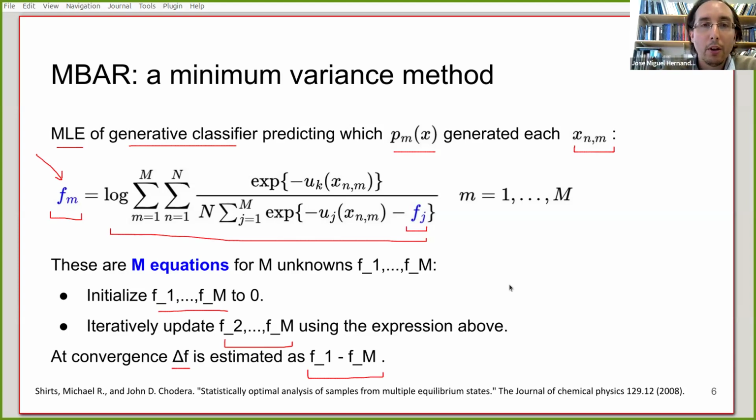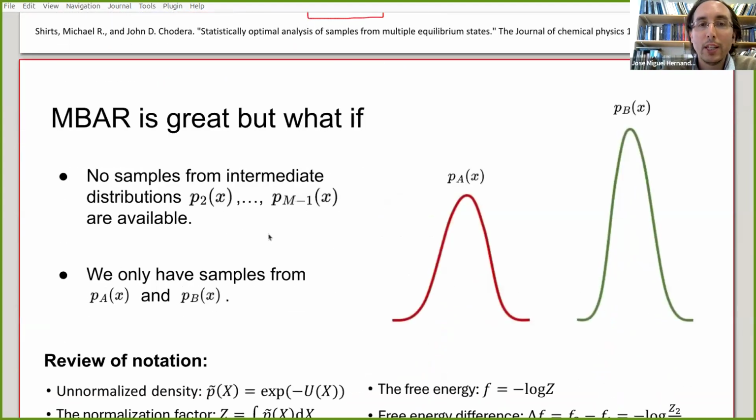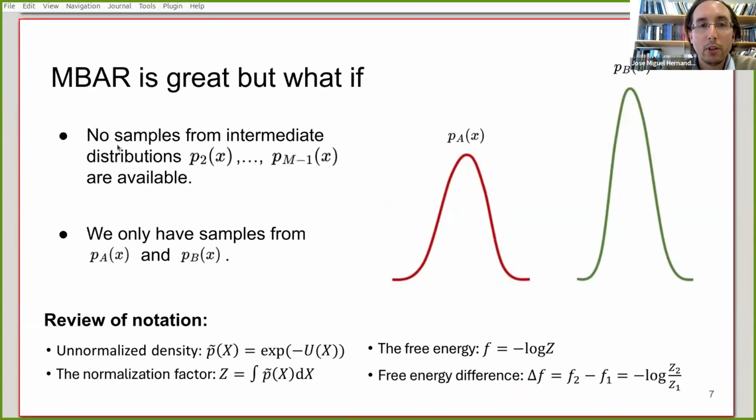But sometimes we may not have access to samples from intermediate distributions. Okay, imagine that maybe we only have access to samples from the first initial distribution and the second one, and we haven't generated samples from intermediate distributions.